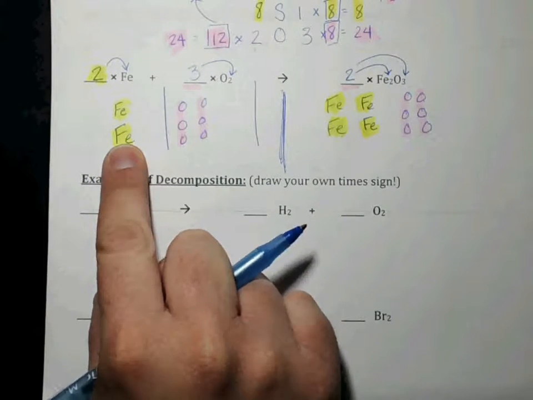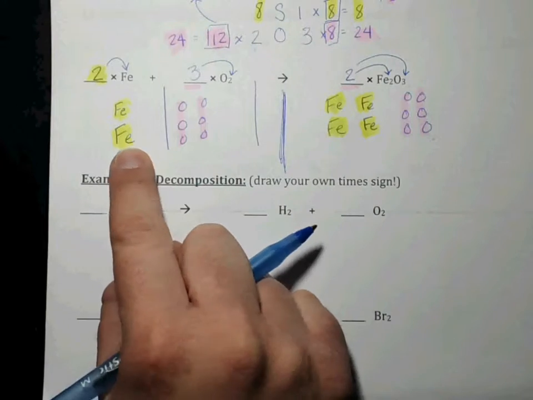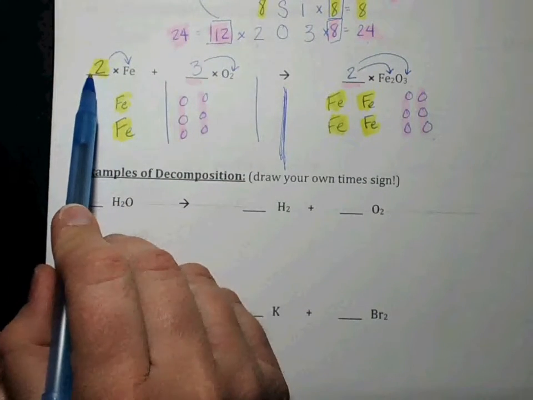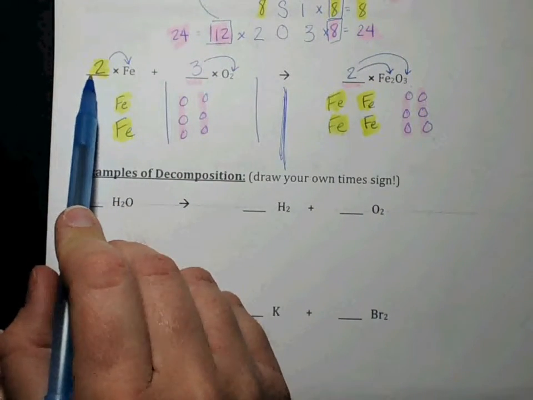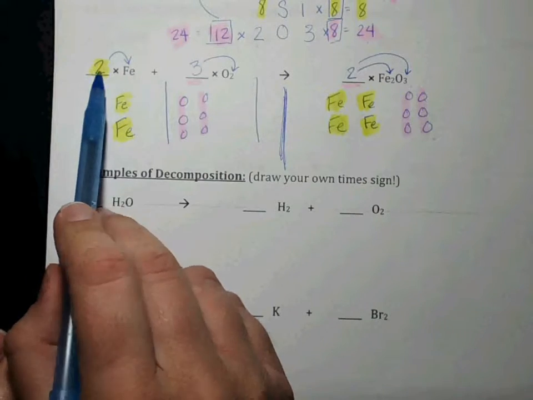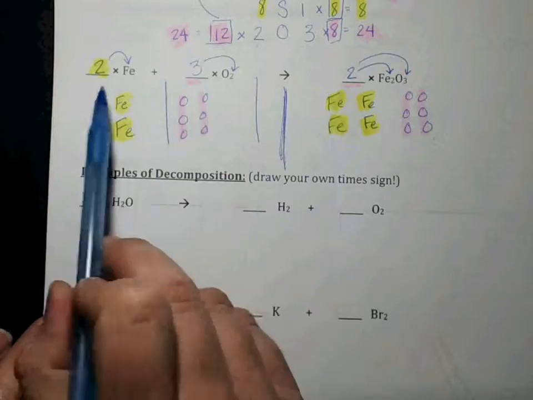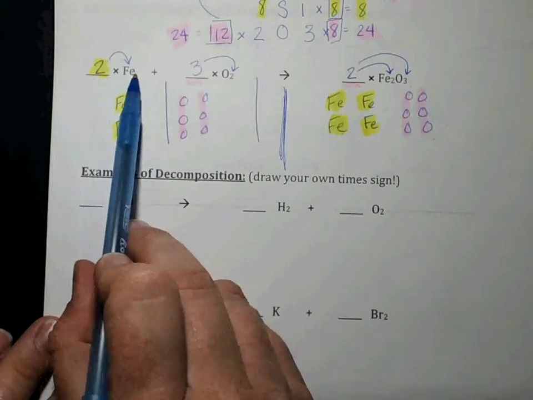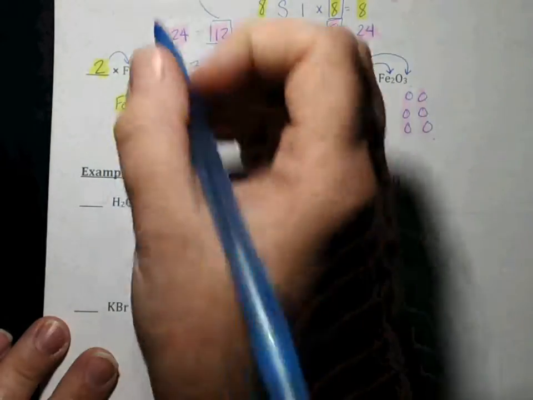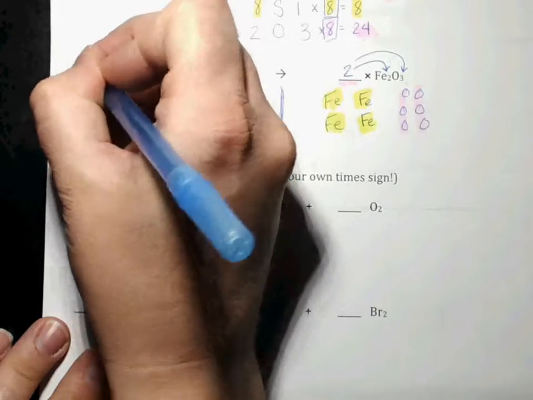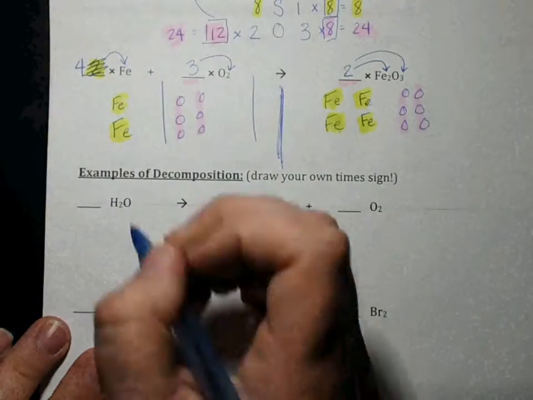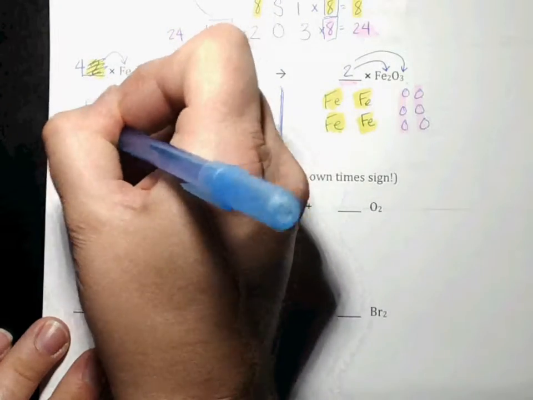So to get to 4 here, I'm going to have to change this coefficient that we had written in earlier. I was doing 2 times 1 to get to 2. Now I need to get to 4. So instead of 2 times 1 equals 2, I need to change this to be 4 times 1. That will equal 4.